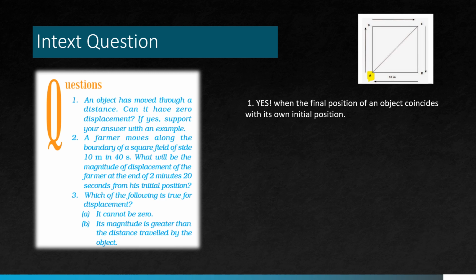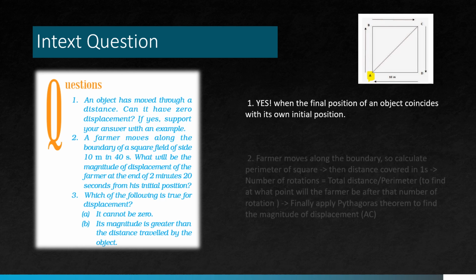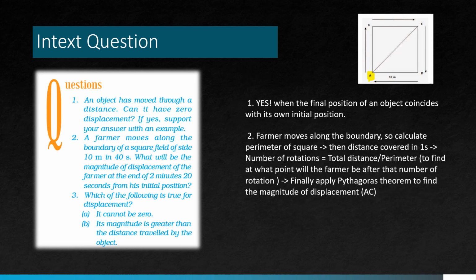So how much distance will the farmer cover at the end of 2 minutes 20 seconds from A? I'll have to find out. So for that, since he moves along the square boundary, I'll have to first find the perimeter of the square. I'll find the distance covered in 1 second because 40 seconds का दिया हुआ है. Then from these two things, I will find out the number of rotations the farmer had along the square field.